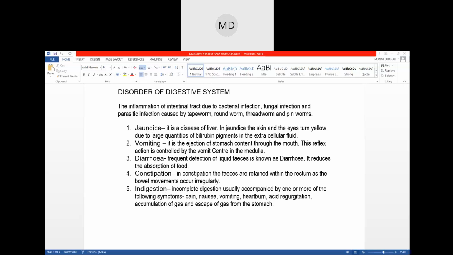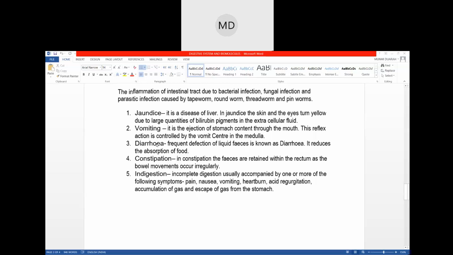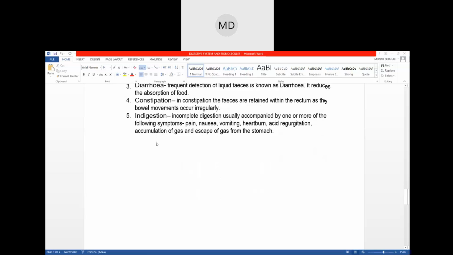Just remember the names and what happens because of them. Like for vomiting, the fluid comes out of the stomach, right? And vomiting may be the result of indigestion, or of some infection. So try to remember all those.